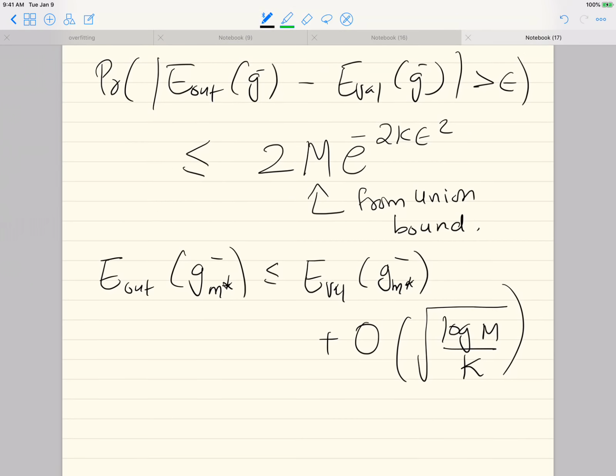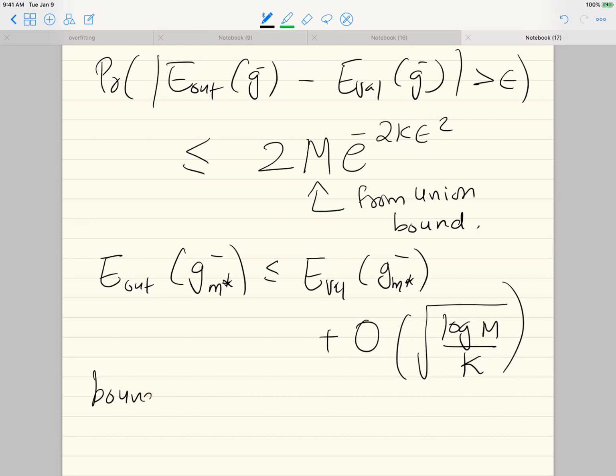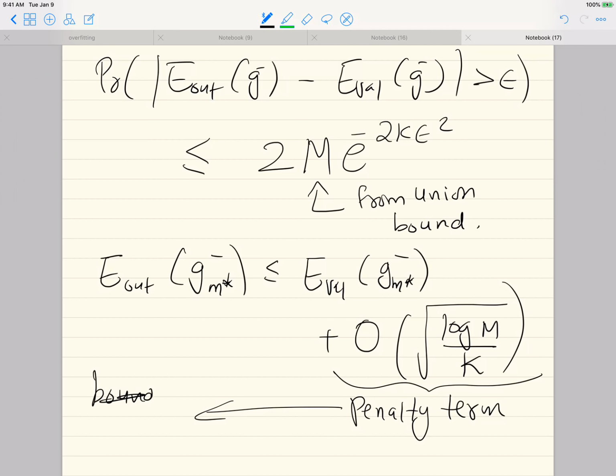The key point here is that this penalty term is not dependent on the VC dimension. So you could have very deep networks, very big networks with very large VC dimension, but your penalty will still not depend on the VC dimension. It just depends on the number of hypothesis classes you use to validate against and then pick the best one.